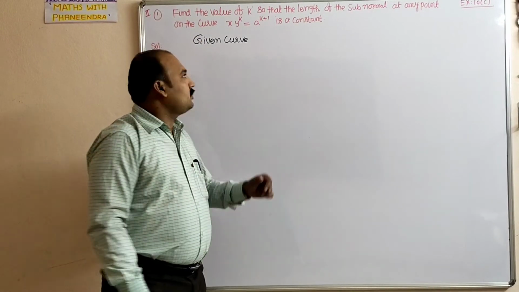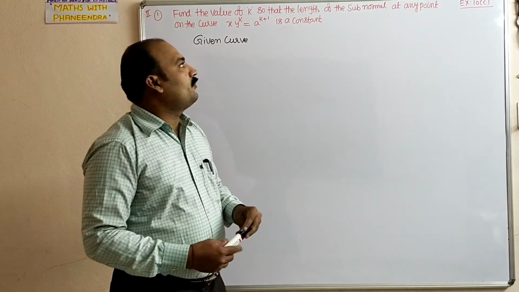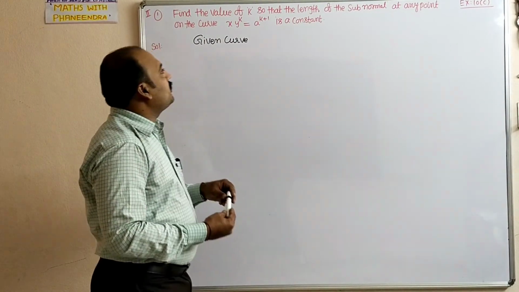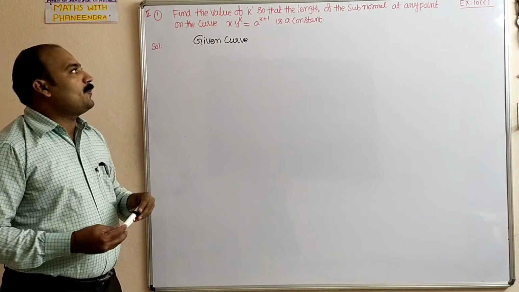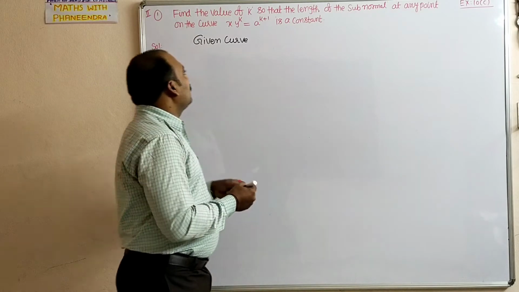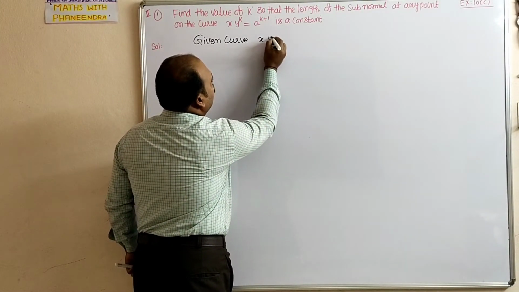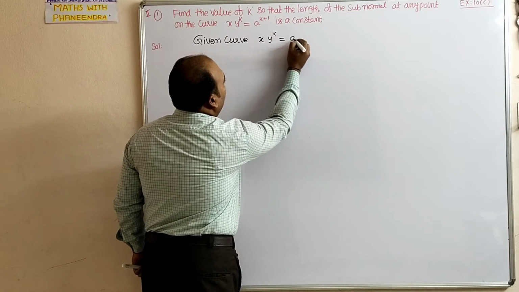The next question. Find the value of k so that the length of subnormal at any point on the curve x into y power k equal to a power k plus 1 is a constant. See, first take the given curve: x into y power k equal to a power k plus 1.